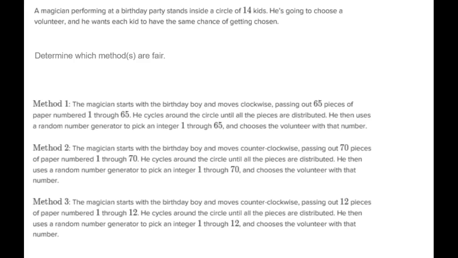This method is going to turn out to not be fair, and we can just do some basic division to see why. So there's 65 pieces of paper he wants to pass out. If we divide that by 14, the number of kids, we can determine how many pieces of paper each kid would get. 14 is going to go into that 4 times.